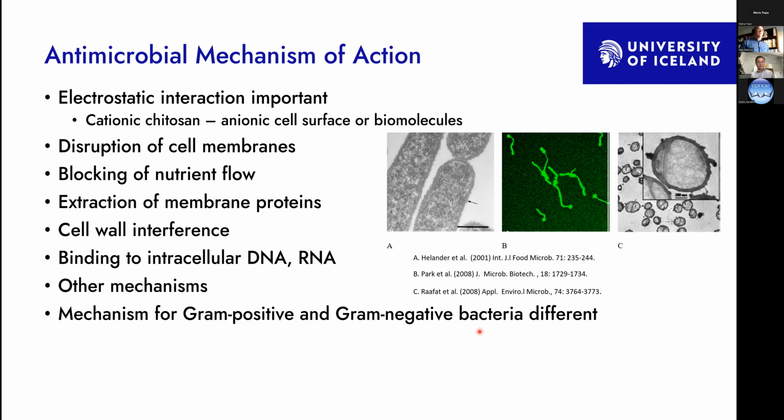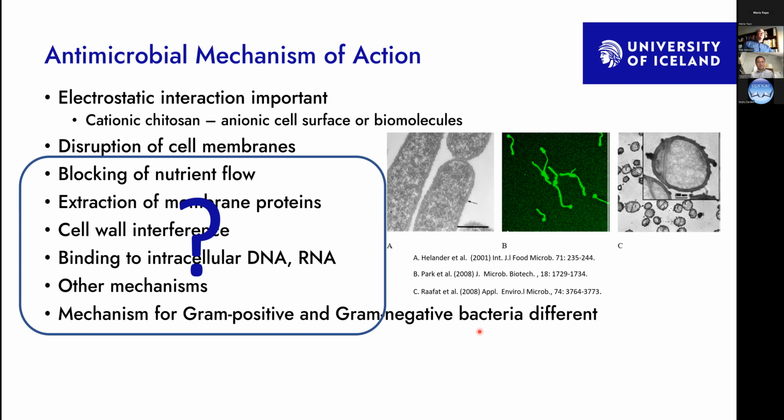However, in a recent review, I was going through this literature, and my conclusion is that it's a question about all these other mechanisms and also this difference between gram-positive and gram-negative bacteria, because it often lacks experimental verification, or there are very limited experimental studies behind it.